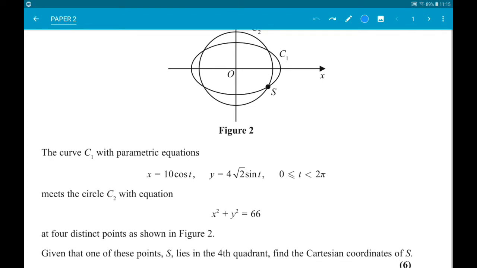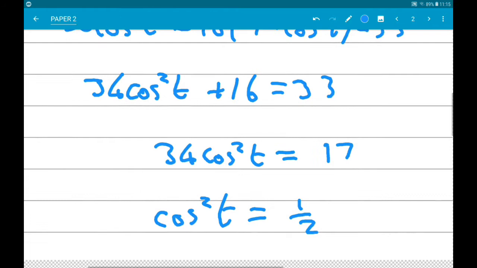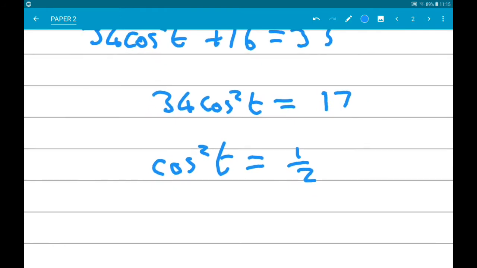So cos t is positive the square root of 1/2 only. So that is root 2 over 2.